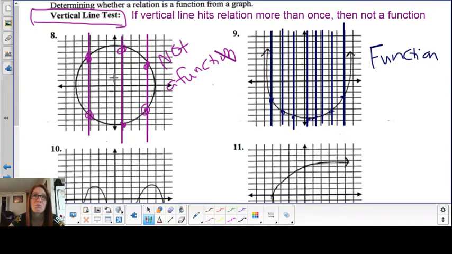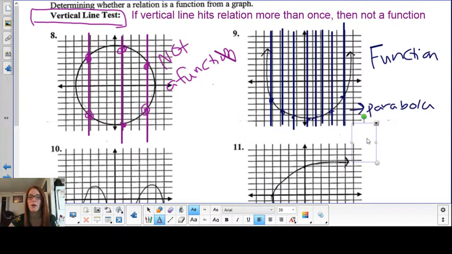So circles, no matter how big the circle is, not a function. These guys, which are called parabolas, spelled parabola, pronounced this way. I'm going to type it so it's easier to see.